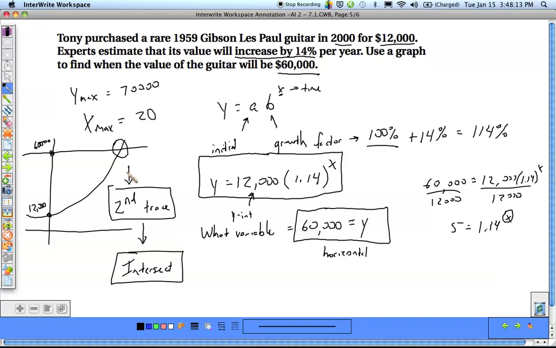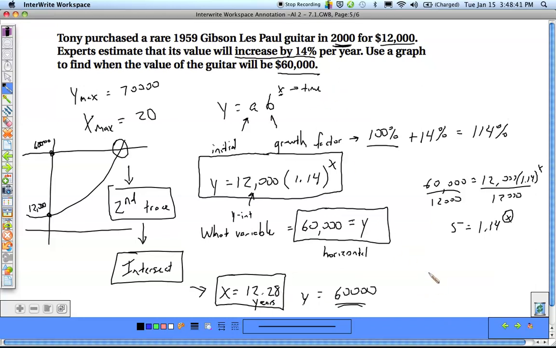We run through all that, and it should give us an intersection point that says x equals 12.28, y equals 60,000, which is the amount that we were looking for, which means this is going to be the amount of time that it's going to take. We're talking about years, so it's going to be 12.28 years to be able to get a value of 60,000.